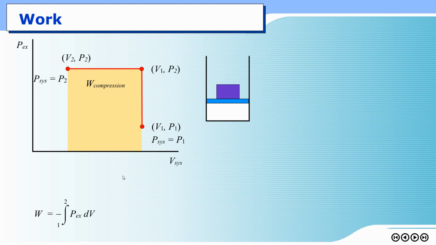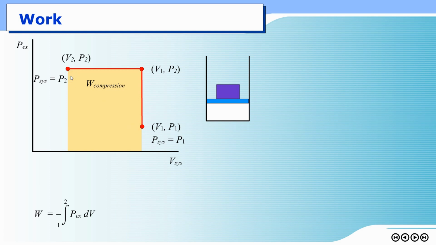Now, at the end of the path, the pressure of the system should equal the pressure outside. So now the pressure inside here is P2. Okay? So here at this point, pressure inside and outside are the same, P1.